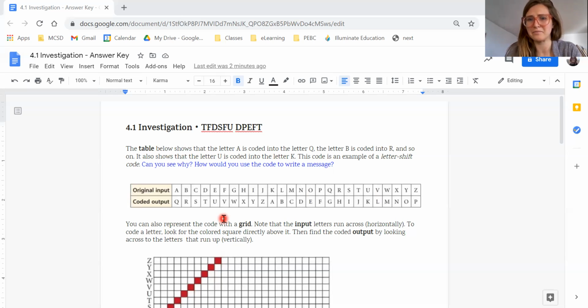Not just creating a grid and having you make up random words, but debit cards, passwords, sending medical information, anything on the internet uses codes. And so this is just an introduction to that study.